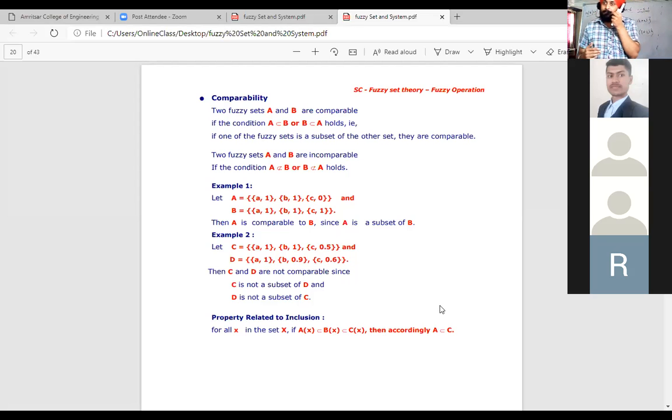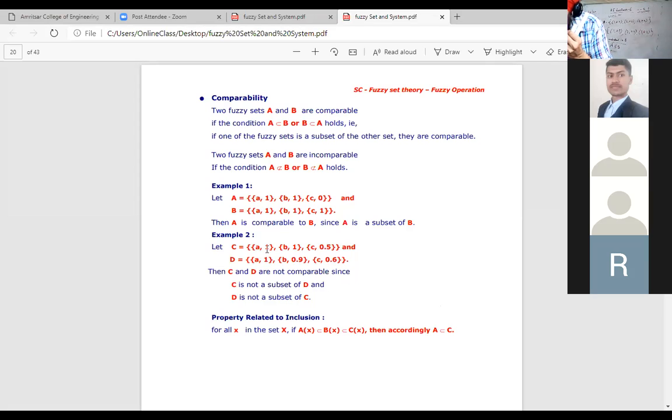But in the second case, C has A 1, B 1, C 0.5 and set D has A 1, B 0.9 and C 0.6. So here C and D are not comparable because C is not a subset of D and D is not a subset of C. Why is C not a subset of D?